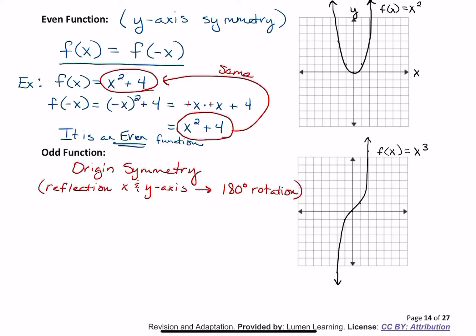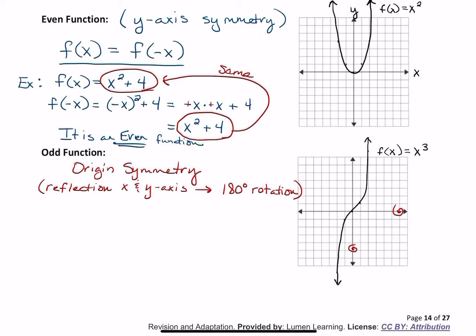Both of those would give you the same thing. So if I flip this across the x-axis and then again across the y-axis, it would lay back on itself and be the exact same function. If I flipped it once across here, it would look something like that. And then if I flipped it again, it would flip back on itself. So that would be origin symmetry.